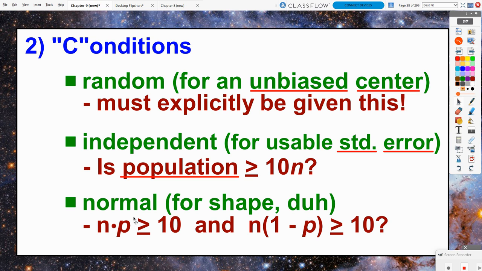Now, in the worst case scenario, if we don't have the actual population proportion, if we don't have a claimed population proportion, then we have to use the sample proportion. We would have to use P hat. So we're switching back. We're going to use P, which is going to come from our null hypothesis.